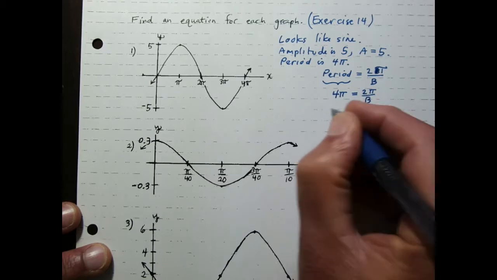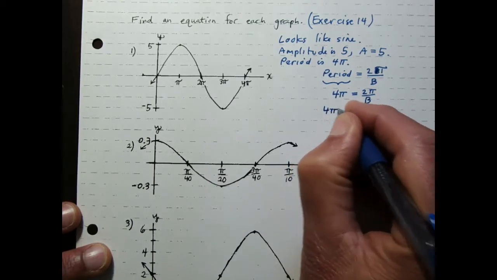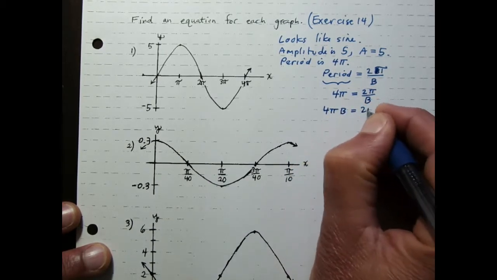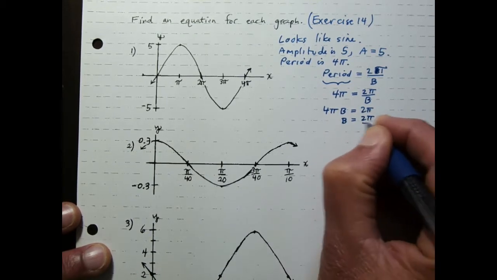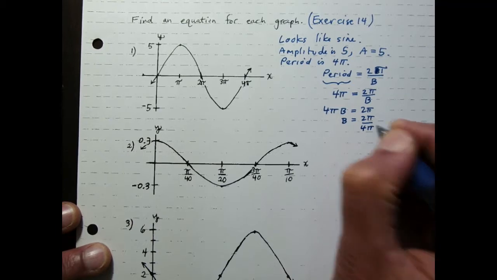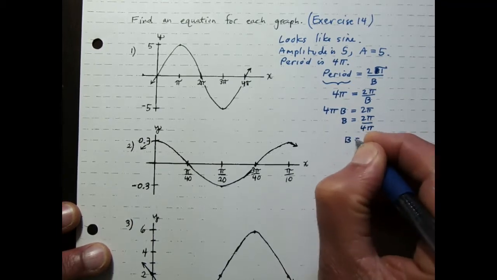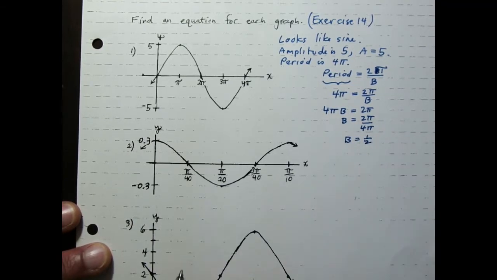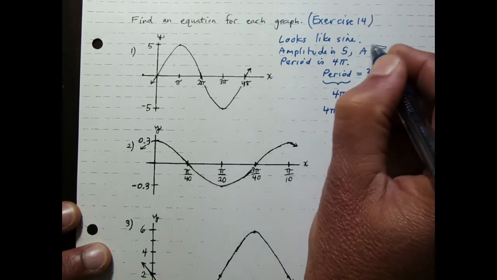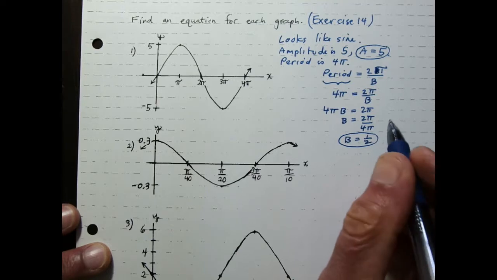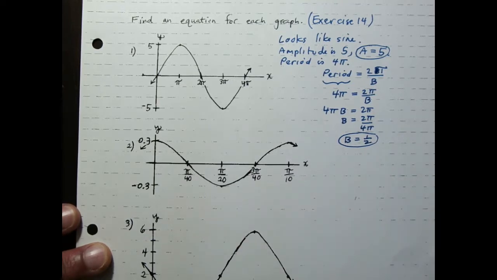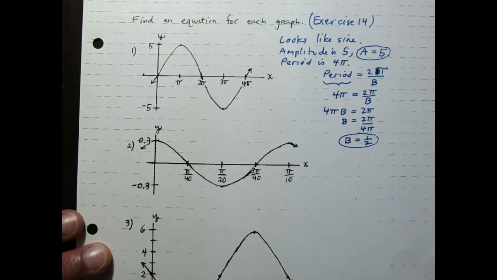I'm going to multiply both sides by b. 4 pi b equals 2 pi. Divide both sides by 4 pi, so b is 2 pi over 4 pi, and that's going to reduce to the fraction 1/2. So we have a value for a, we have a value for b. Now c and d have to do with phase shift and vertical shift.